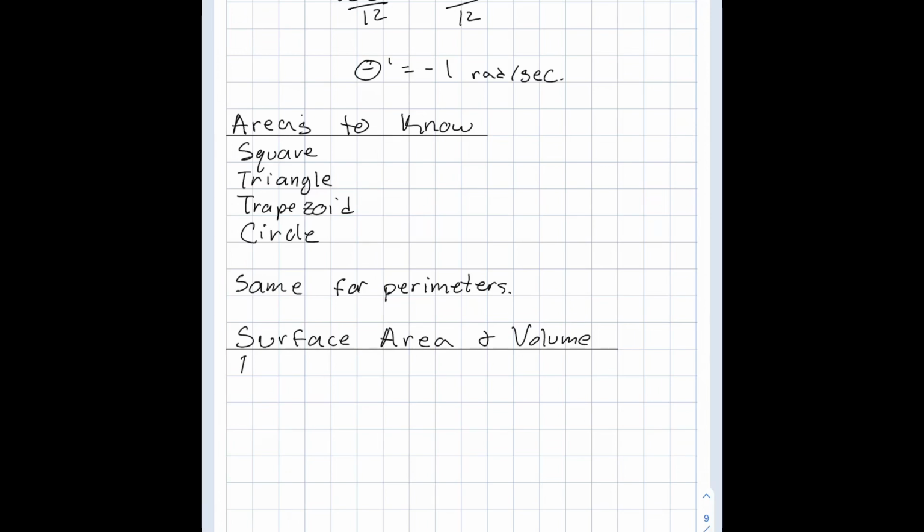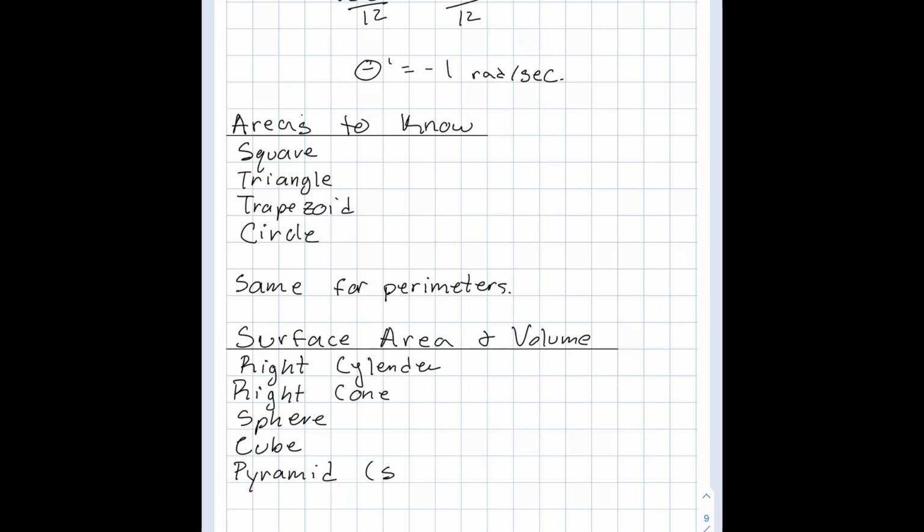So that is a right cylinder, right cone, a sphere, a cube, and a pyramid with a square bottom. Alrighty?